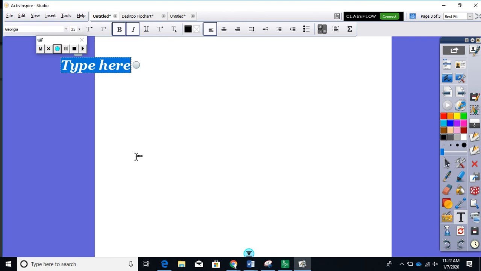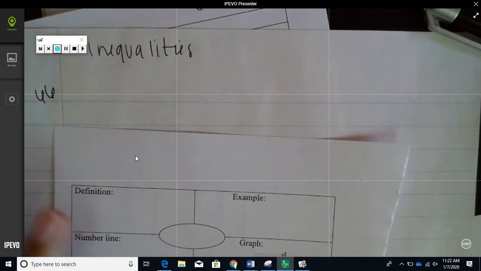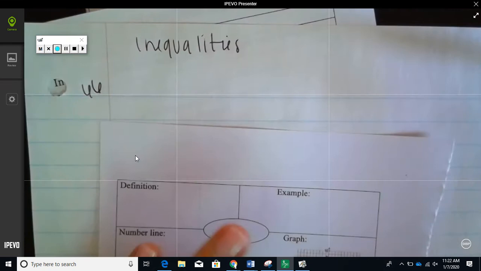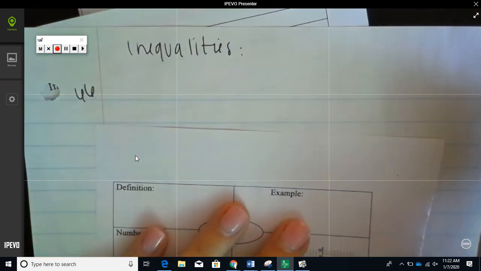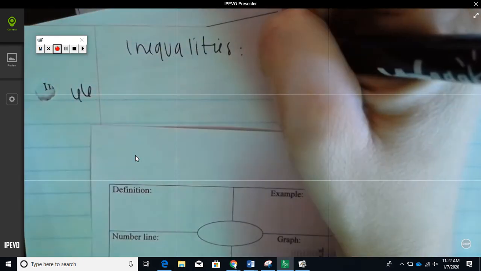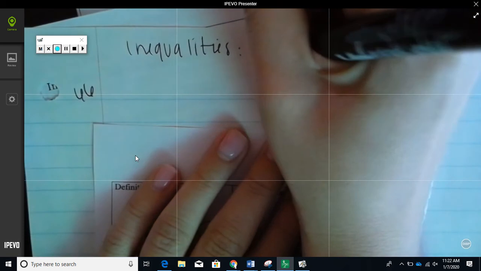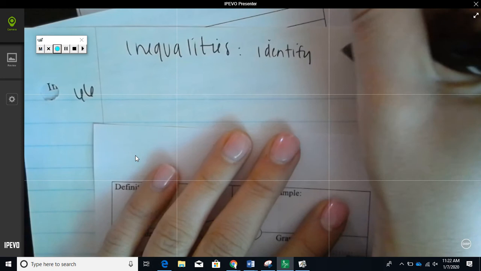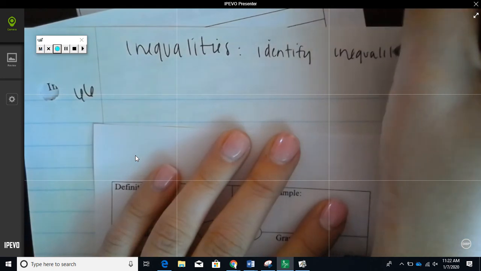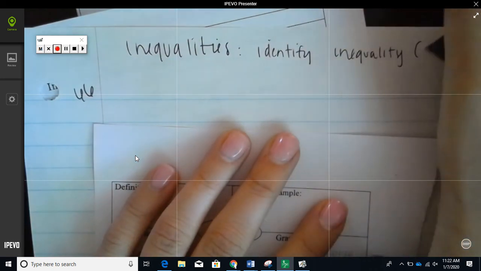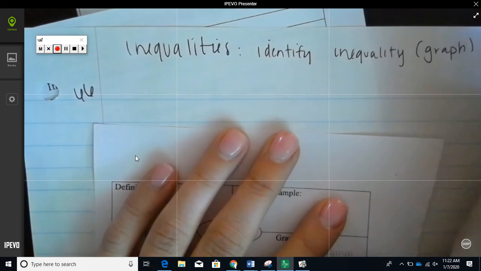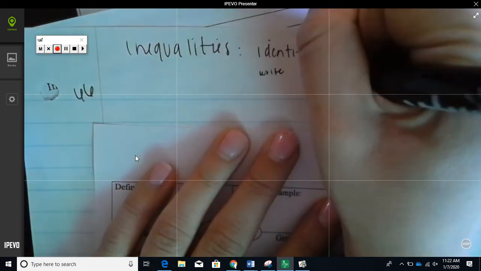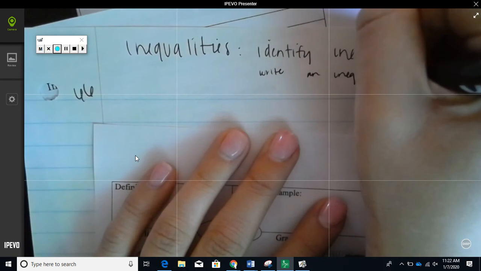Alright, so this is on page 66. We're talking about inequalities. There's three things you have to know how to do. One of the things you'll need to do is identify and graph. You'll have to write an inequality from a word problem.